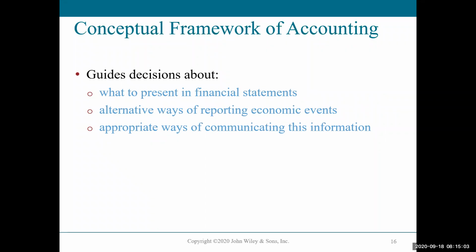So that brings us to the other half of chapter 2, which is conceptual frameworks of accounting. Now these guide our decisions about what needs to be presented on the financial statements, what would be the alternative ways of reporting on these economic events, and what are the appropriate ways of communicating that information. So this is what we will be talking about in our conceptual framework.